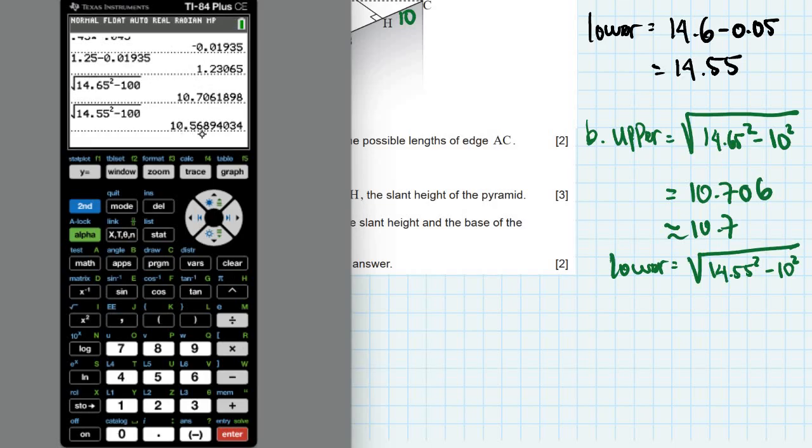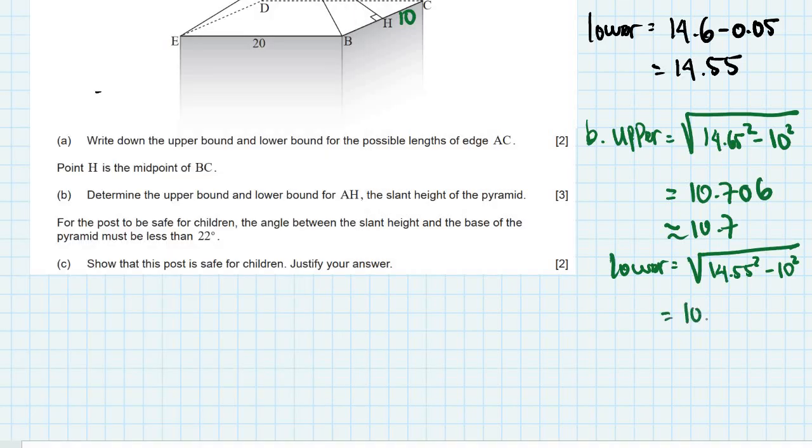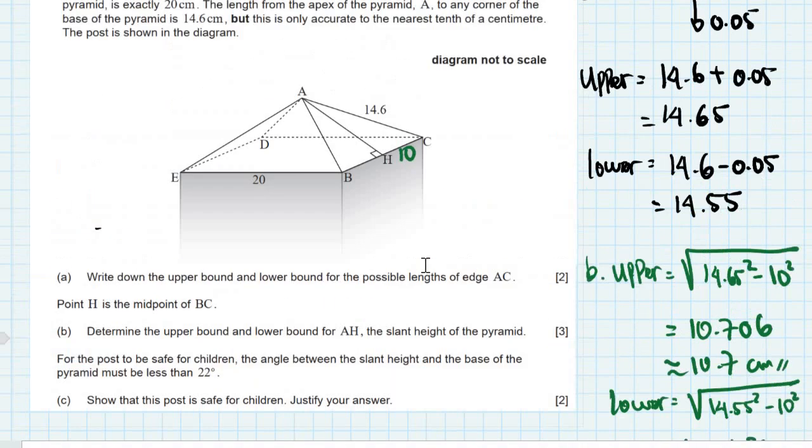Enter, we have 10.5689, or approximately 10.6 centimeters. This is also in centimeters. Okay, that's question B.